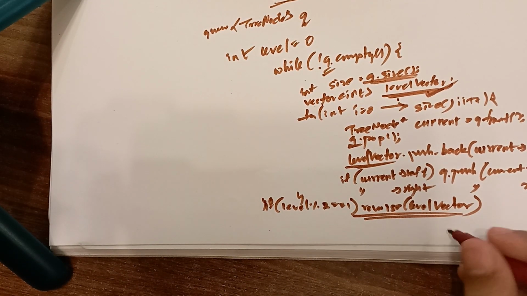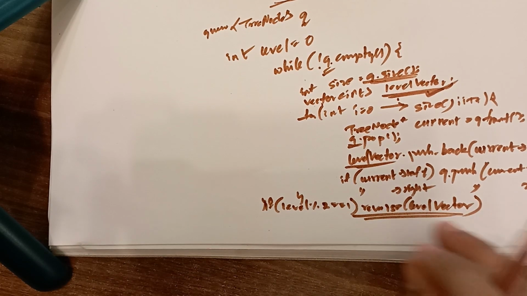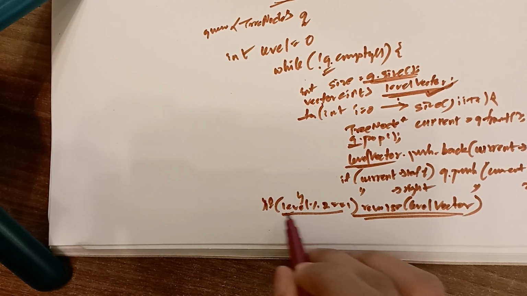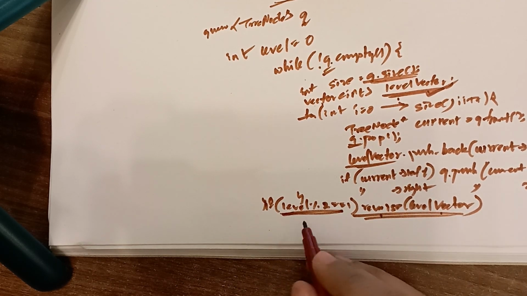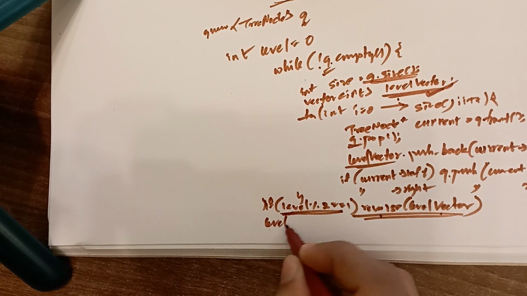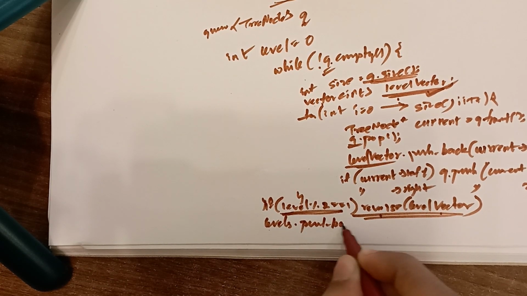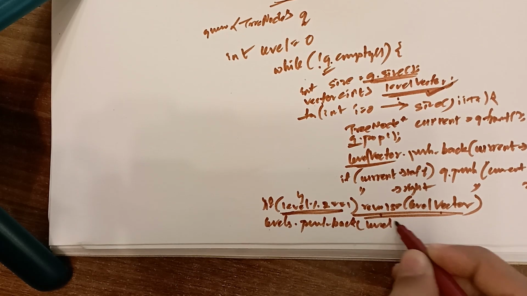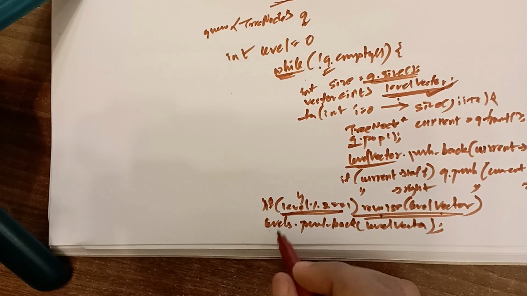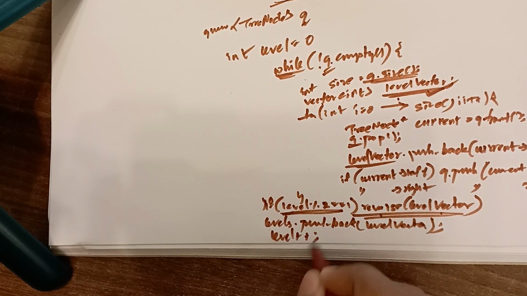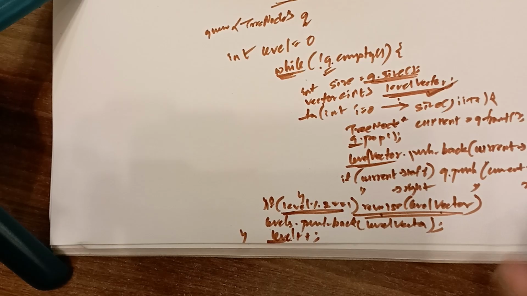Only if the level is odd will we reverse our level vector. And then levels.push_back(level vector). And after every iteration, after taking every node, we will be incrementing our level.